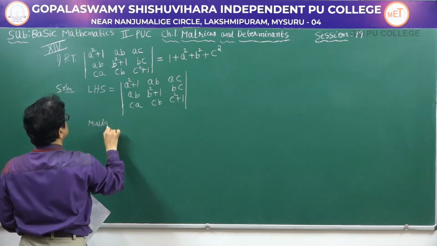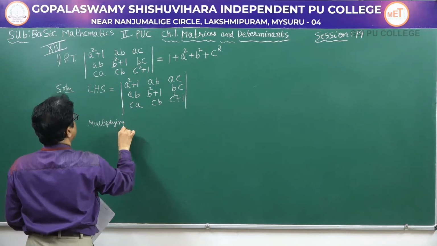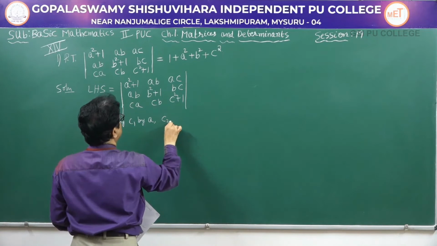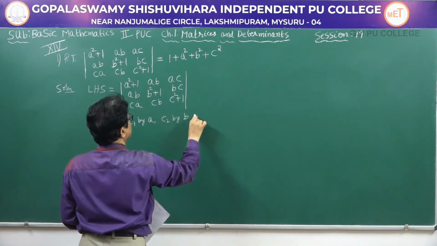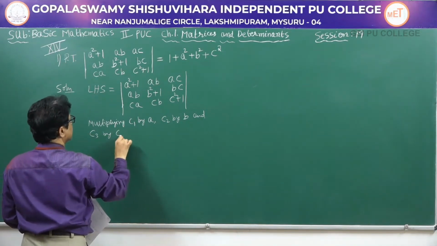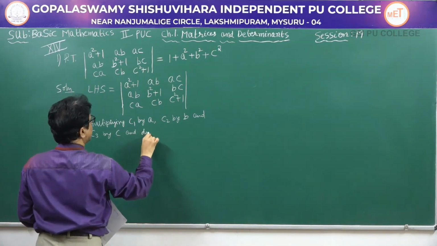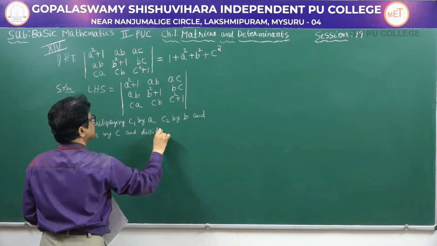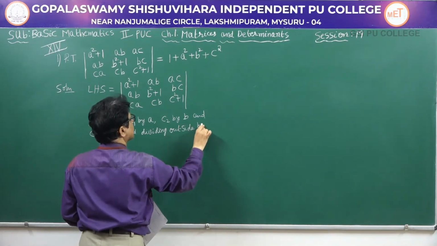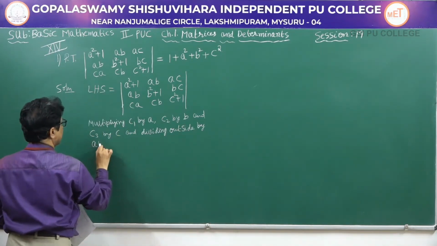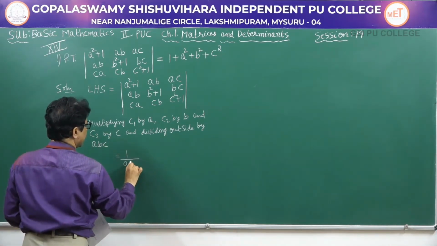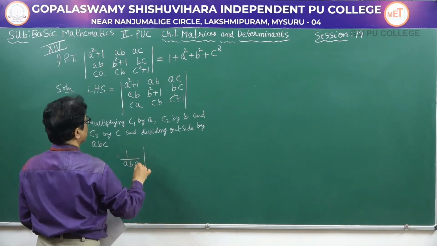Multiplying column 1 by A, column 2 by B and column 3 by C and dividing outside by A, B, C. So, that will be equal to 1 by ABC into determinant of.